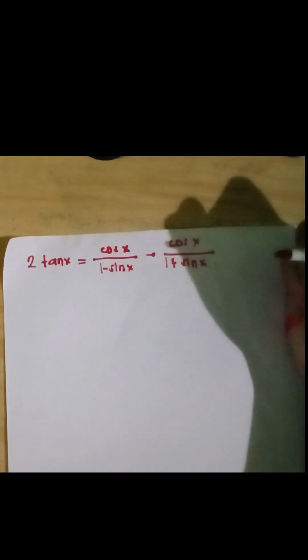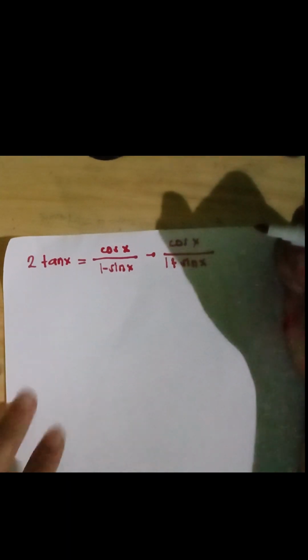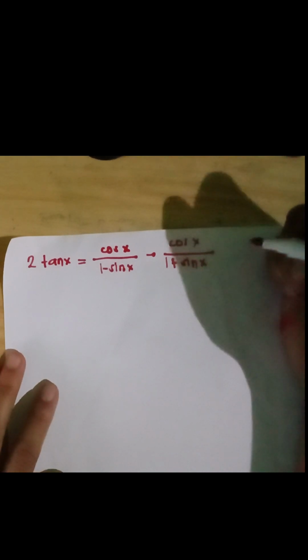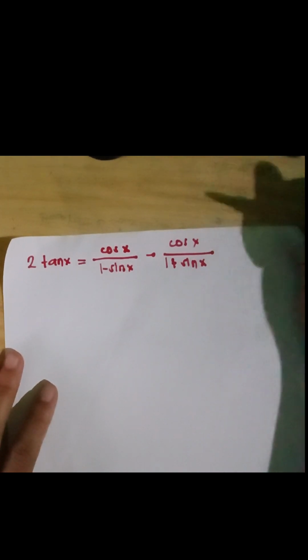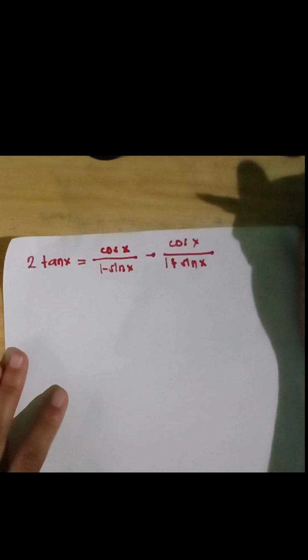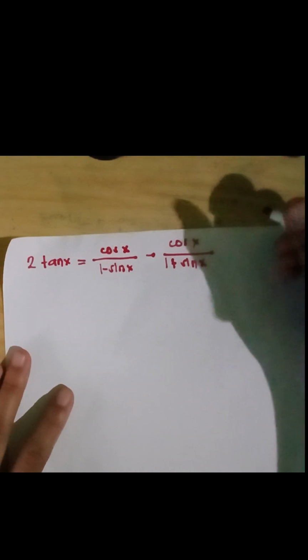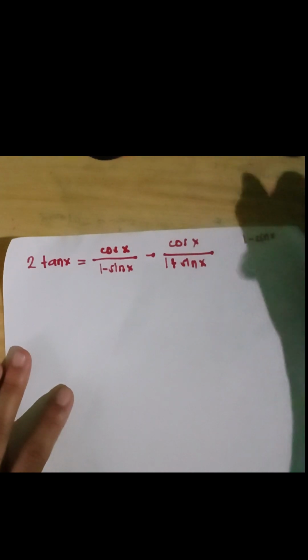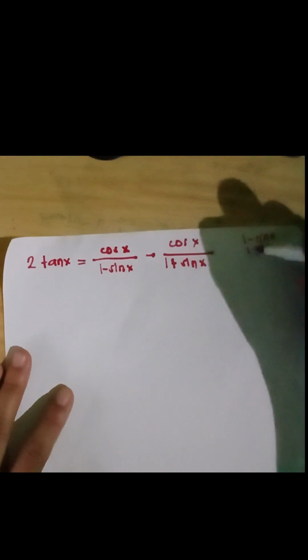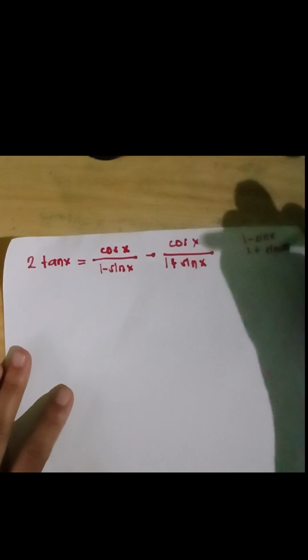So we need to simplify this expression. So the first step we're going to do is find the common denominator, and the common denominator of the two fractions is 1 minus sine x and 1 plus sine x.